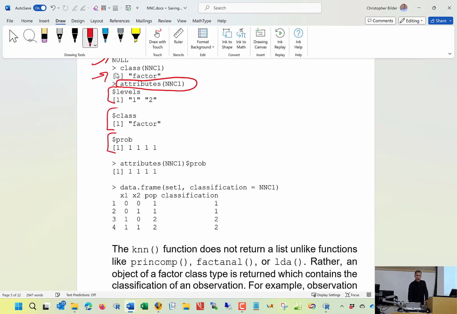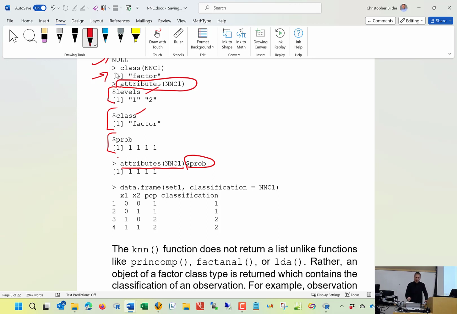We see those observed proportions as well. And so if I want to extract out the observed proportions, then I can say attributes, parentheses, nnc1, end parentheses, $prob. That's how I can extract information. So it kind of works like a list, but it's not quite.